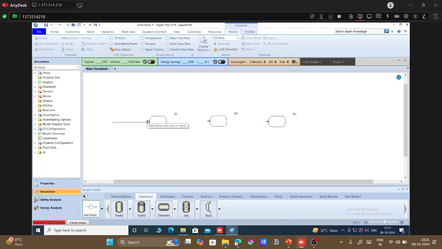So feed is coming here, then this is first liquid, so let's connect it to the feed. Then we have secondary liquid, which should be our extract 1. Raffinate of second decanter will go to the third.